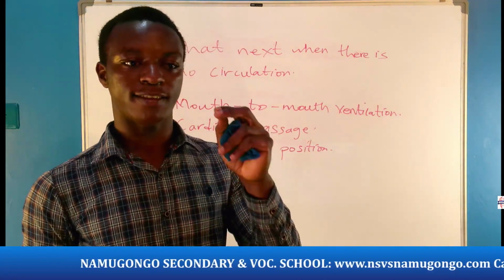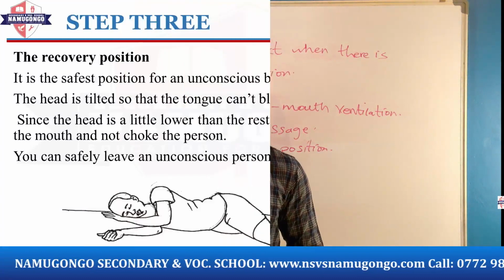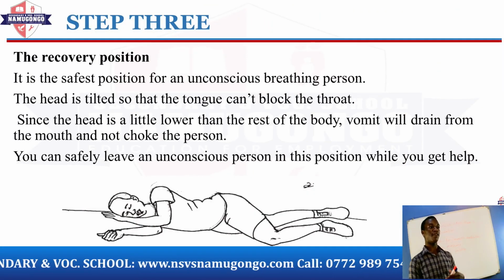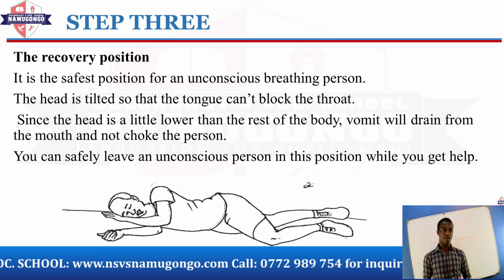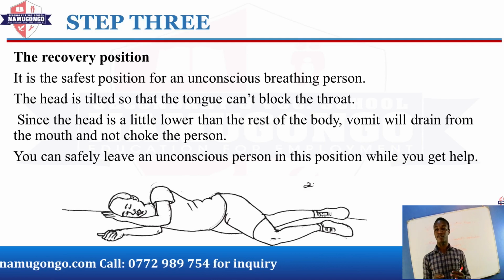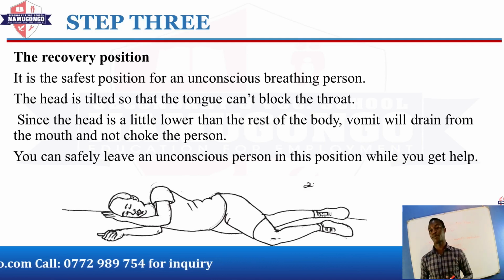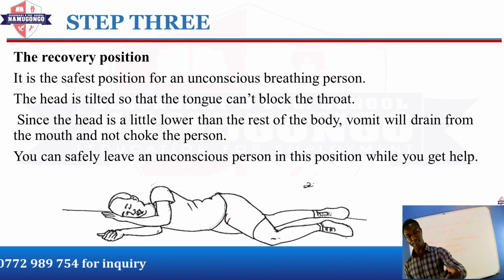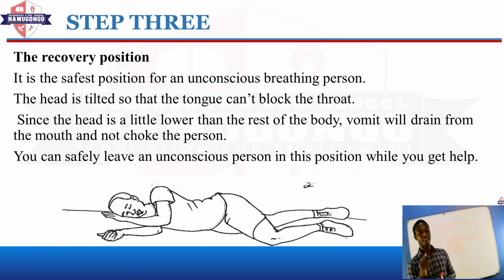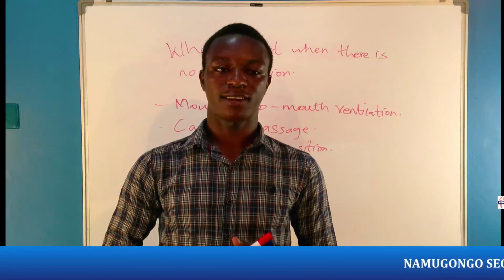Since the head is a little lower than the chest, vomit will drain from the mouth and not choke the person. You can safely leave an unconscious person in this position as you get help. Are we together? The picture is shown below, showing how you can put that person in a recovery position.